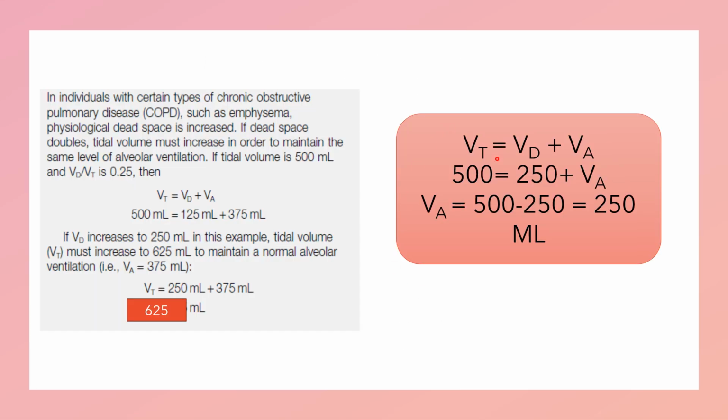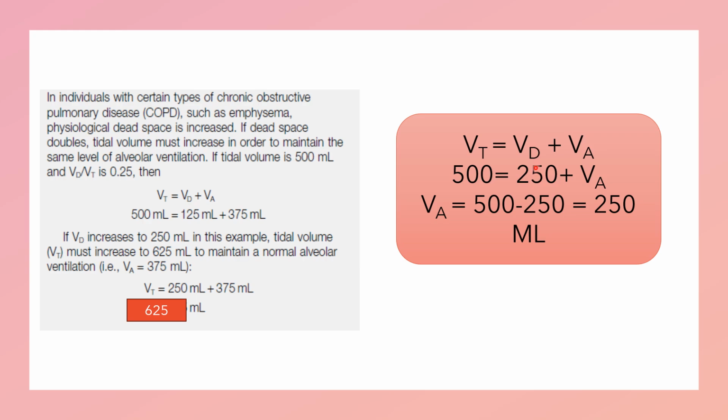If there is a decrease or increase in the dead space volume, that will affect the alveolar ventilation. How will it affect it? Come to an example like this. Say the tidal volume is 500 ml, and the dead space volume is increased.